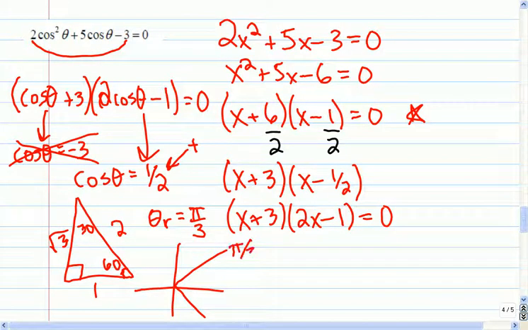This one is pi over 3, because I have a reference here of pi over 3. If this is my reference of pi over 3, then going all the way around, except for pi over 3, the whole way is 2 pi. So I'm pi over 3 short of the whole way, which means I'm going to be at 5 pi over 3.